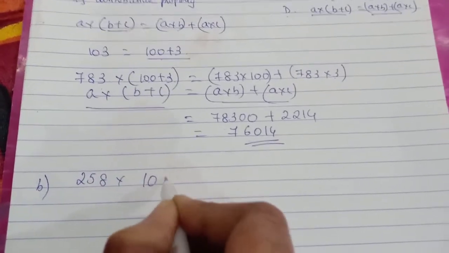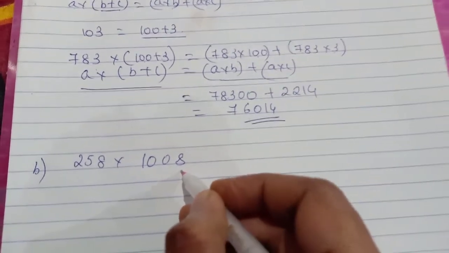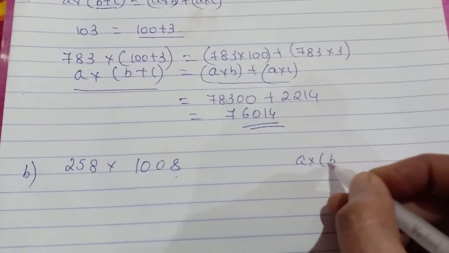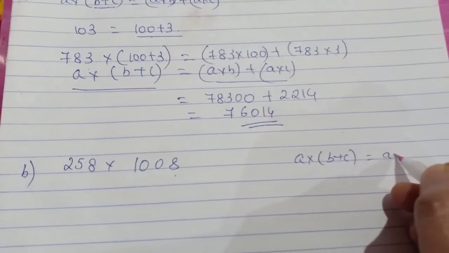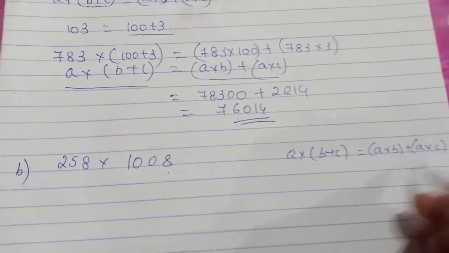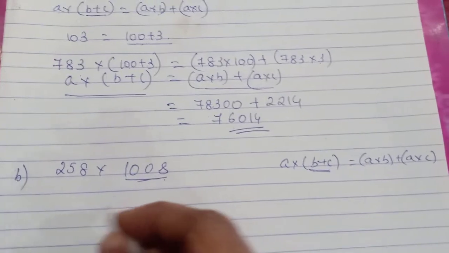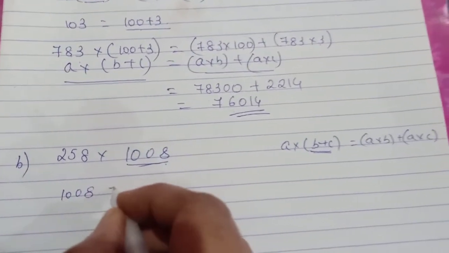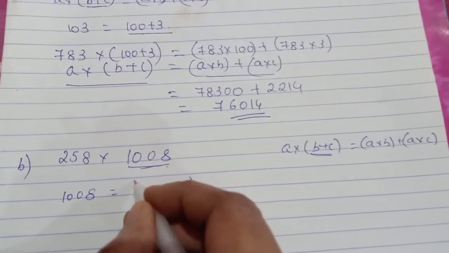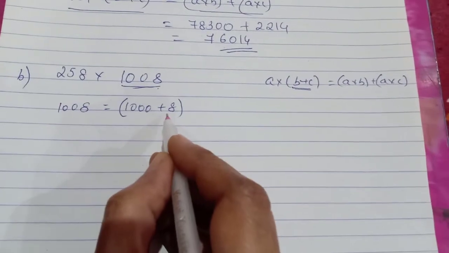258 into 1008. Same again, in this I can use the distributive property, a into b plus c equals a into b plus a into c. For this b plus c, I can take 1008 as 1000 plus 8.